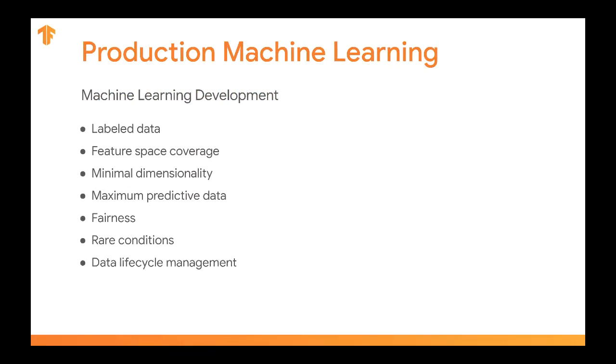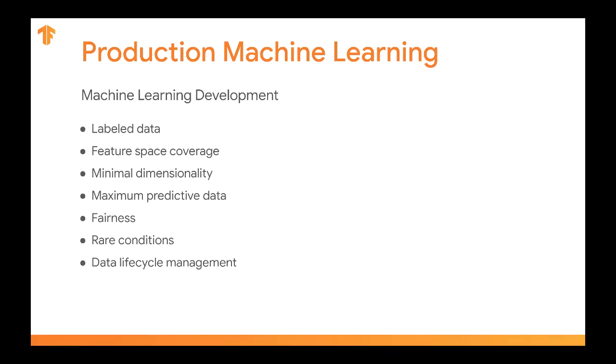So in production machine learning, we have all the normal challenges that we have for any kind of machine learning project or deployment. If we're doing supervised learning anyway, we need to find labeled data somehow. We need to worry about our feature space coverage and try to minimize our dimensionality. And we want to maximize our predictive information, of course.